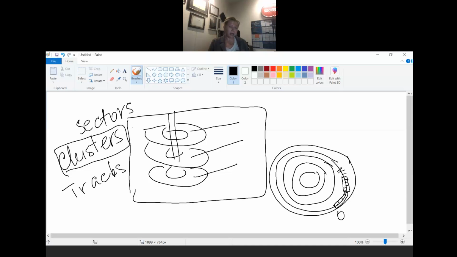With that said, we have to remember that information in these clusters is not always continuous. Sometimes it can get fragmented and written in all different places of this drive, and not only on a single platter. It can be on different platters, and those platters have tracks on both sides. So back in the day, computers with hard drives had to be defragmented.